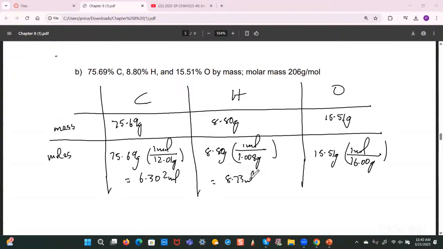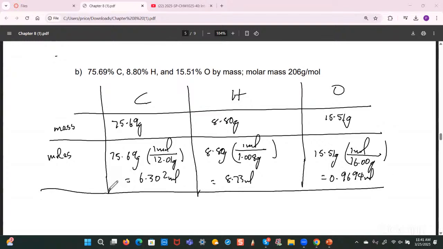And in the case of oxygen, it's 15.51 divided by 16.00, which works out to be 0.9694. All right. And that's how we get the moles, right? Okay, what's the next step? Now that we have the moles, the next step is what?